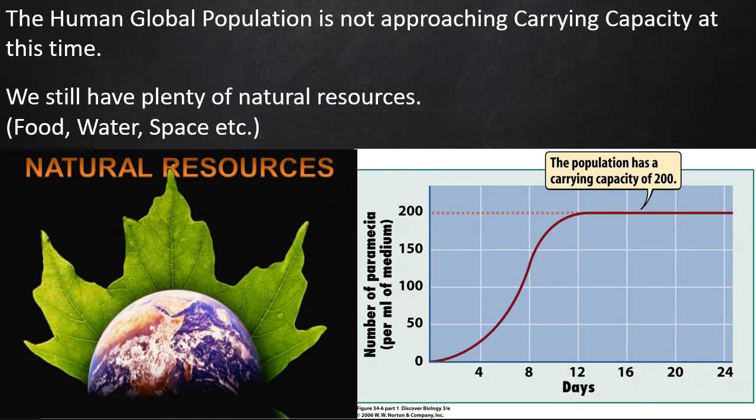So the question is, why are some places actually suffering from a low food supply and a low water supply? And that is because those places are reaching carrying capacity. Human population growth then is not a global problem, it is a regional problem, at least for now.